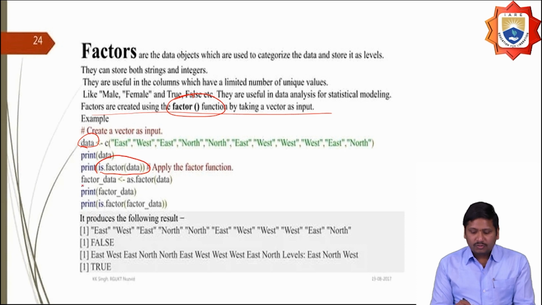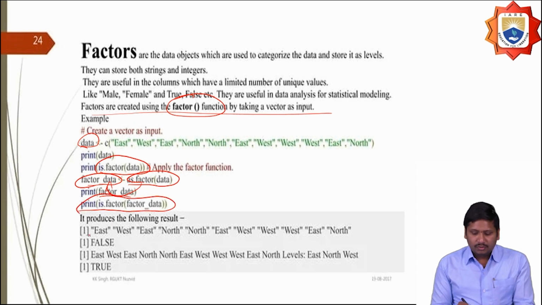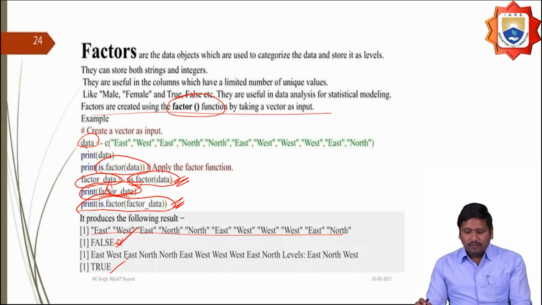Next, as.factor of data is stored in the variable factor_data, so the levels and everything are stored in factor_data, and finally we print is.factor of factor_data. In the initial line, print of data gives false, since data is not a factor. When I convert it with factor of data and print is.factor of factor_data, it is true, so it prints in the form of factor data.